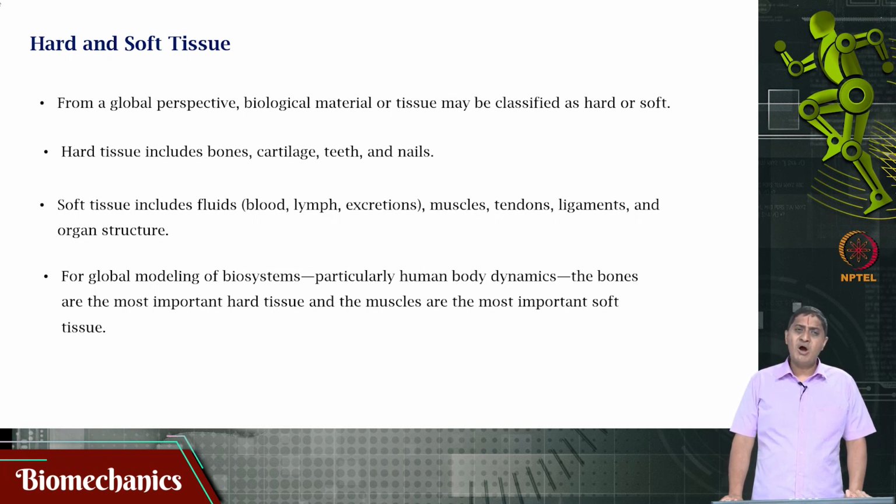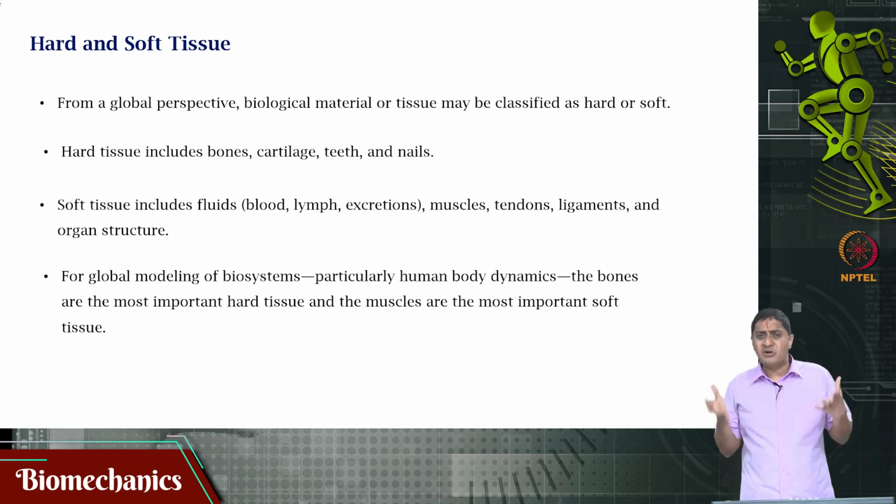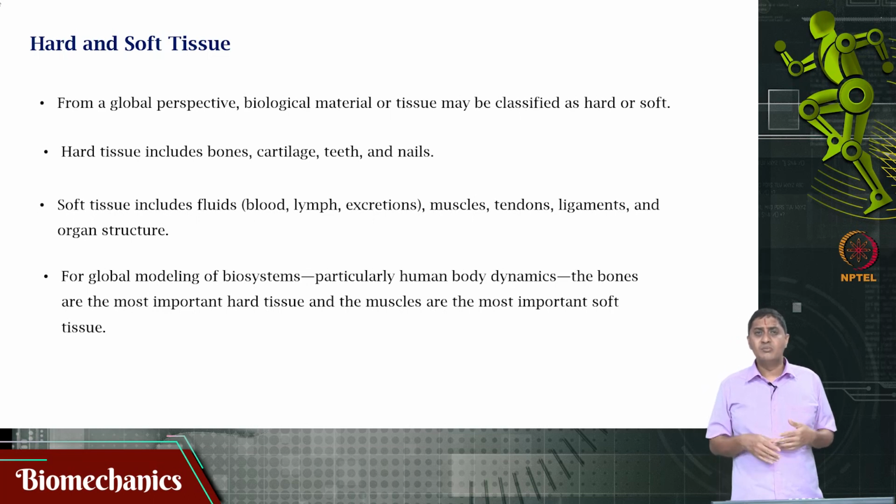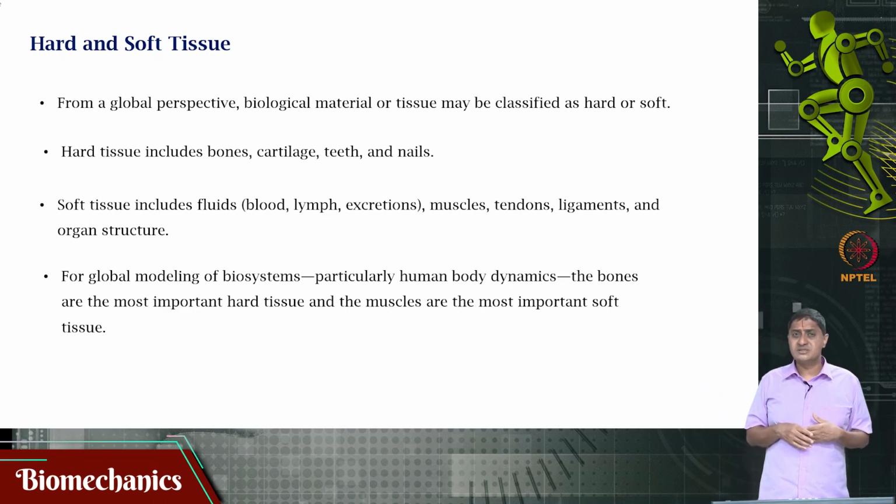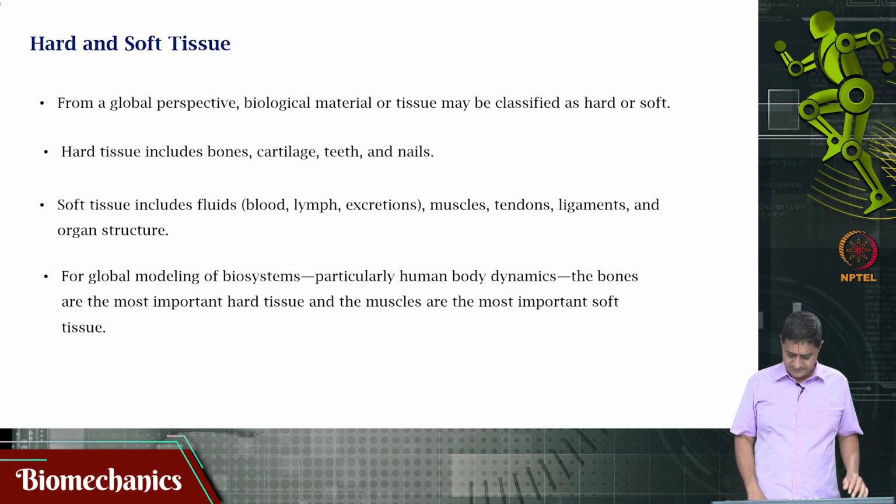So, when you are modeling biosystems, you are mostly interested in the hard tissue and soft tissue. The most important hard tissue is bone and the most crucial soft tissue is muscle. This is of interest for us.